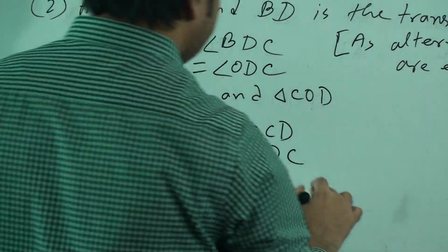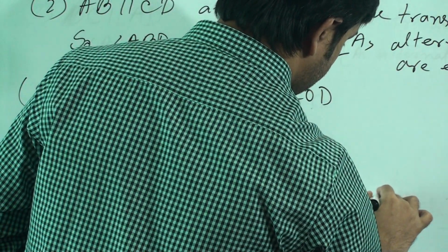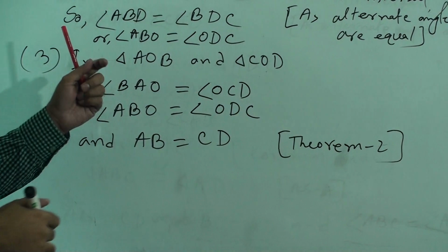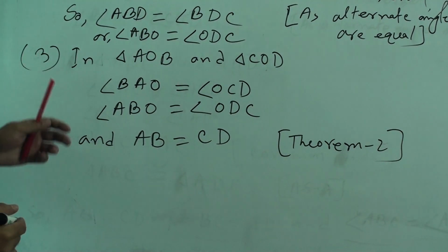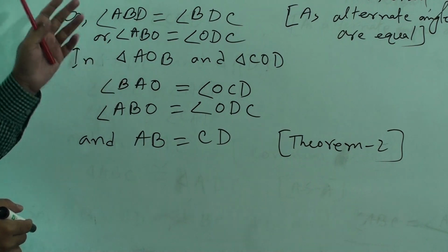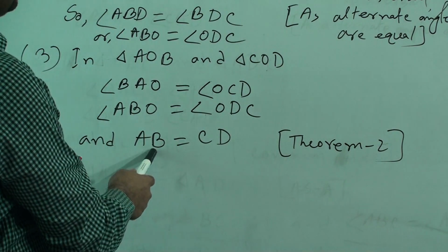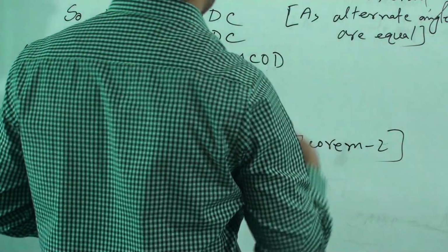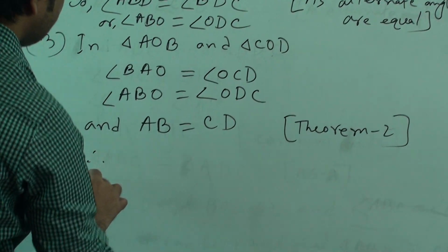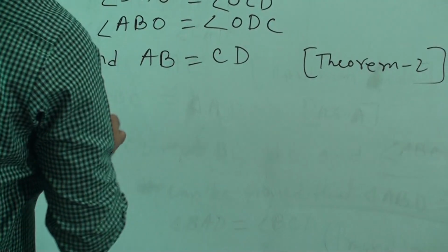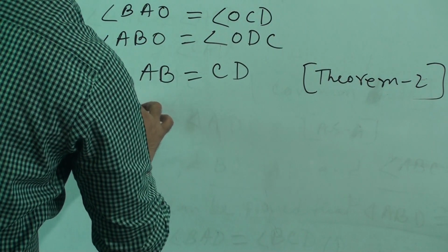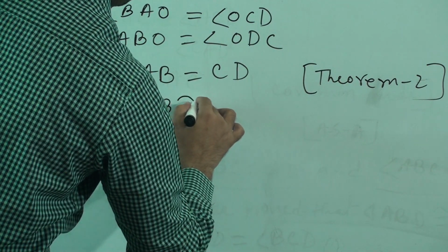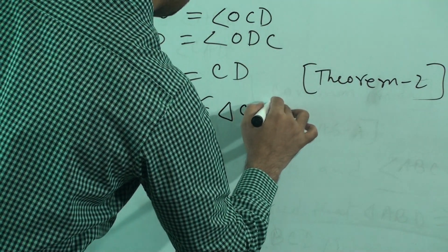How can we say this? From theorem 2. In theorem 2, which I showed just before in the previous theorem, opposite sides of a parallelogram are equal. For this, we can say AB is equal to CD. So according to the angle side angle theorem of congruency, triangle AOB is congruent to triangle COD.